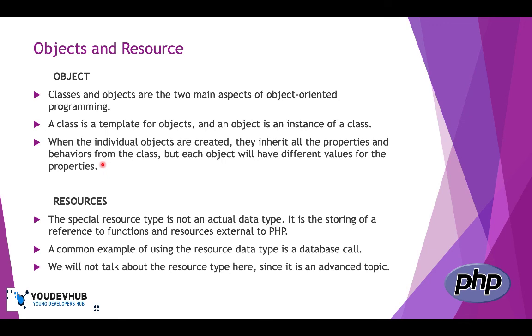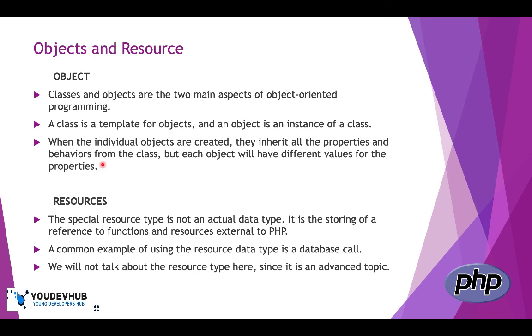We have the string data type for storing text or characters. We have the integer data type for storing numbers that are positive or negative and do not have a decimal point. We have the float for storing numbers with a decimal point. We have the boolean, which can have a value of true or false.